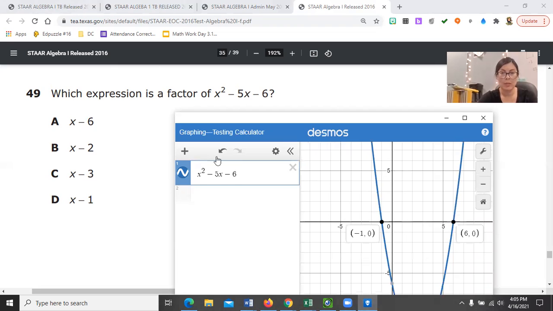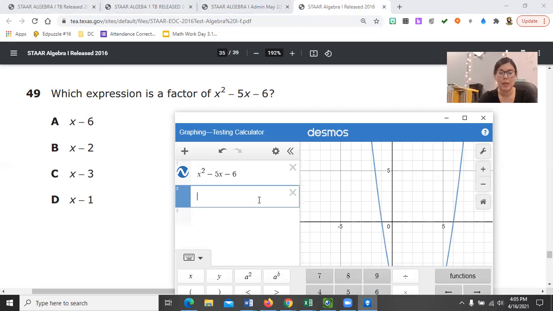I'm going to put these in here, and we'll see which one crosses through one of these points. It doesn't have to cross through both of them, just one. So x minus 6. Ooh, there we go. That's my factor. Because if you put 2, it doesn't cross through this or that. If you put the 3, doesn't cross through them. If you put the 1, doesn't cross through it. So this one has to be my factor because it goes through right there.